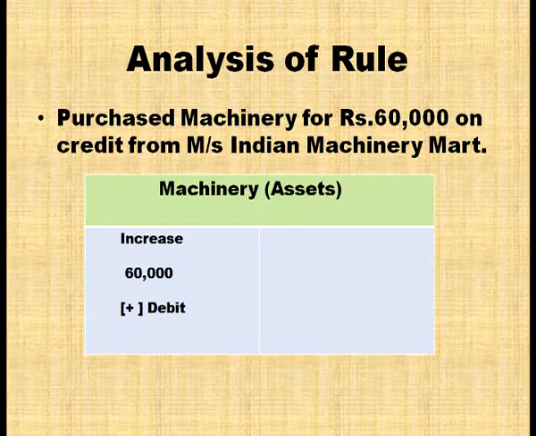Messrs Indian Machinery Mart is credited. And in this transaction, machinery account is debited. Rule for asset, increase in asset debited. So, machinery account is debited. So, machinery account debited and Messrs Indian Machinery Mart credited with the amount that is given in the transaction.